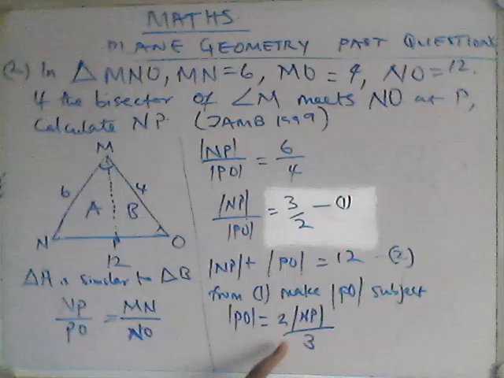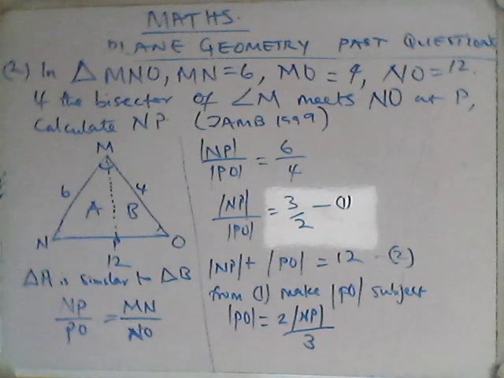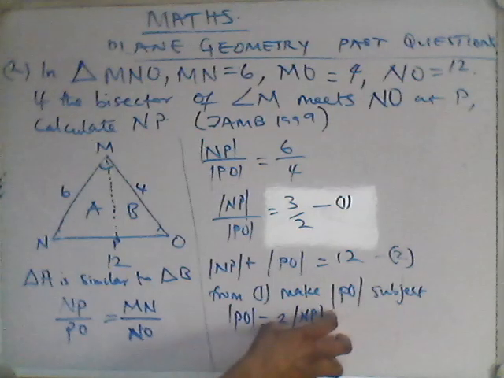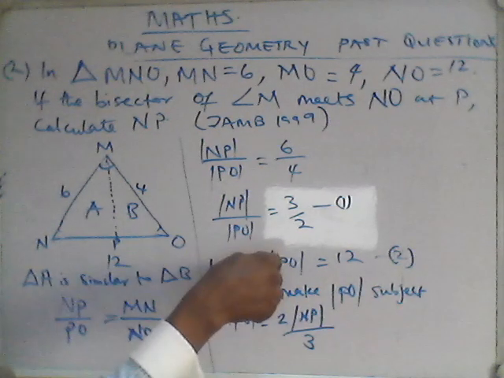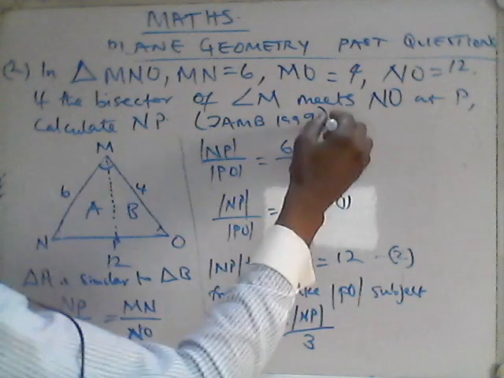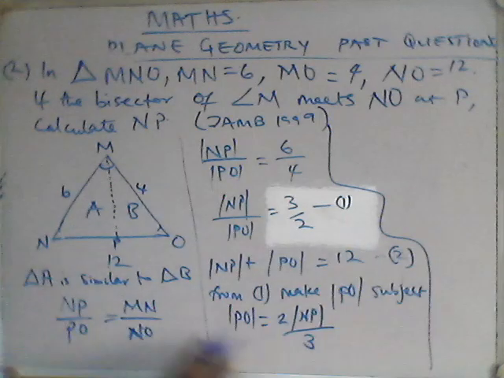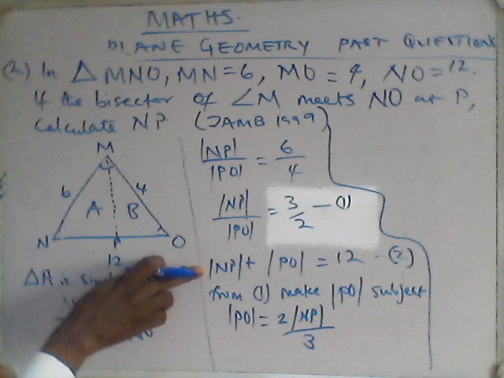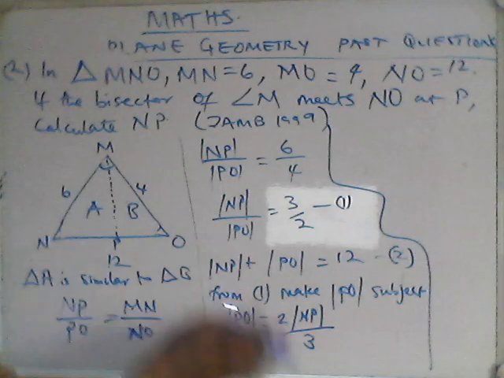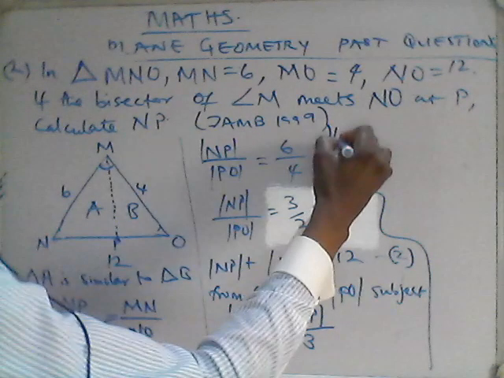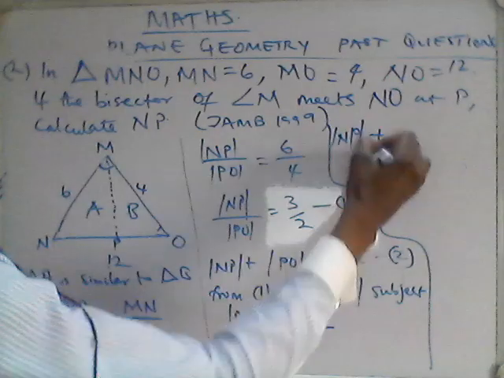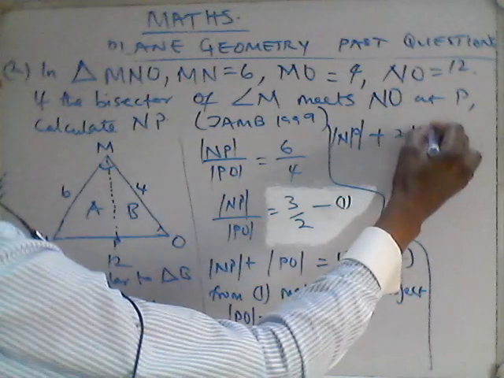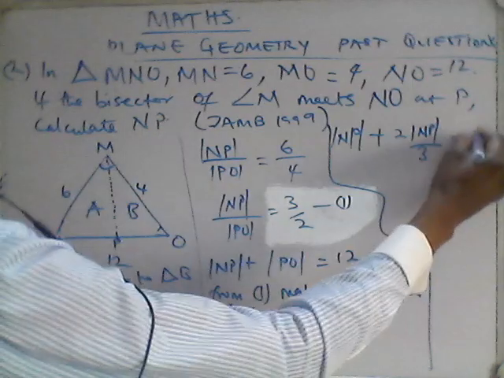Understand? So I'm going to put this expression for PO into equation 2. Anywhere I see PO, I put this. So line NP plus, instead of line PO, I put 2 line NP over 3, is equal to 12.